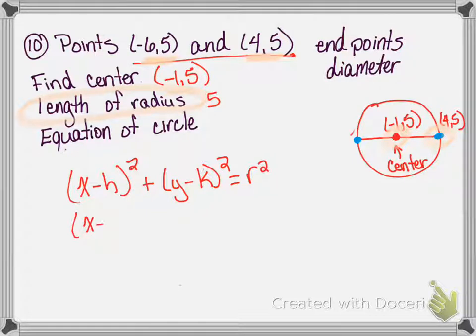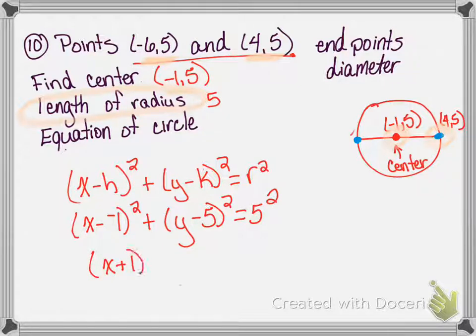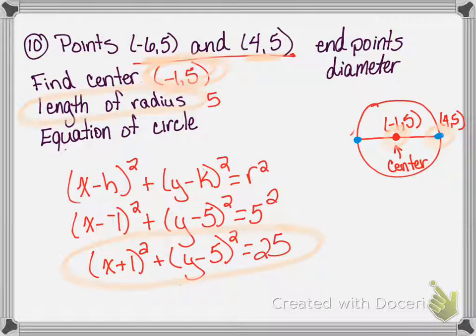So I have x minus negative 1 squared plus y minus 5 squared. My radius is 5, squared. So my final answer is x plus 1 squared, because I have a double negative, plus y minus 5 squared equals 25. So I have the center of my circle, the length of my radius, and the equation of my circle. Okay, and that is it.